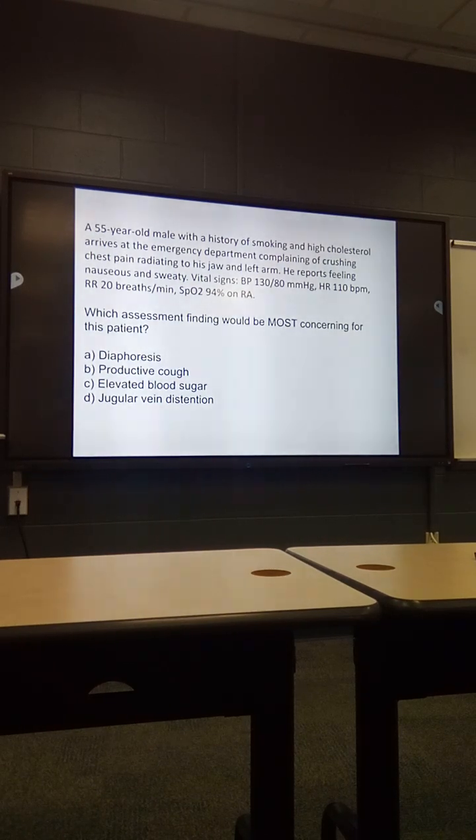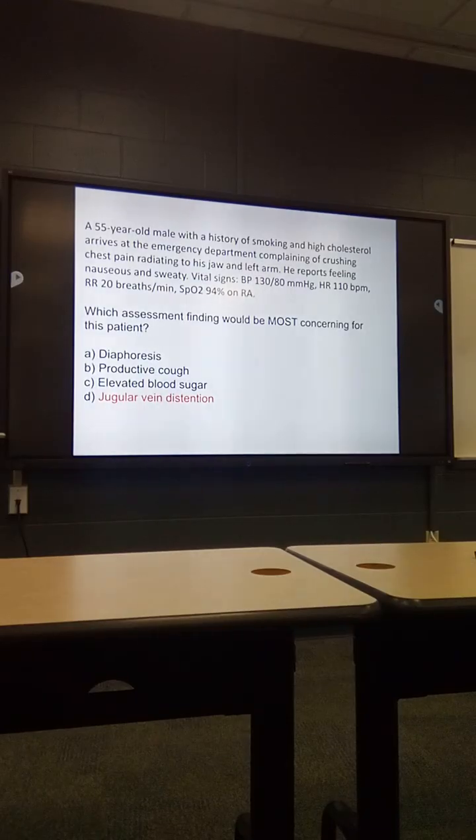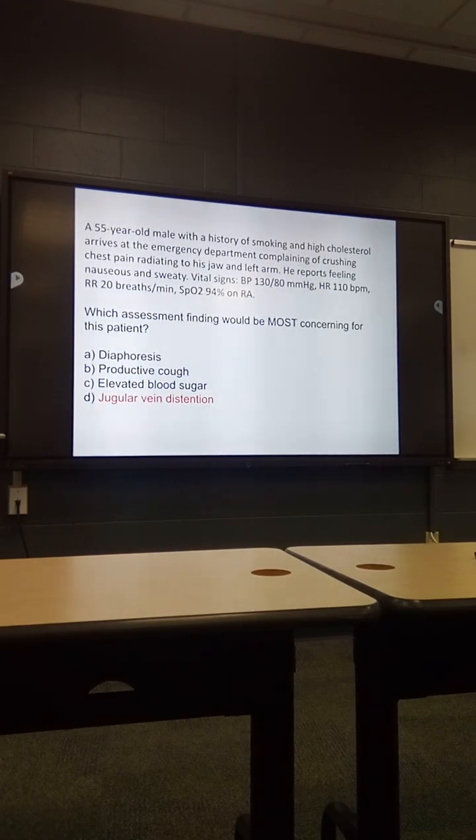Meaning you have to recognize a complication, recognize their symptoms, and then report it. So you have to take a step back and look at that, understand what they came in for, understand what complications this patient is hopefully not going to experience, but how do you recognize that? And that's what we report to the doctor.